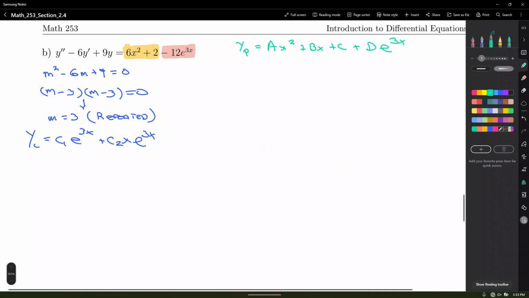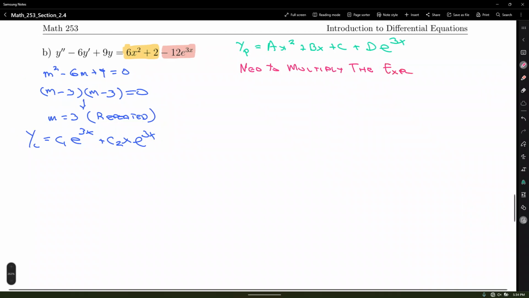So we need to multiply only the exponential term by a power of x that eliminates duplication.